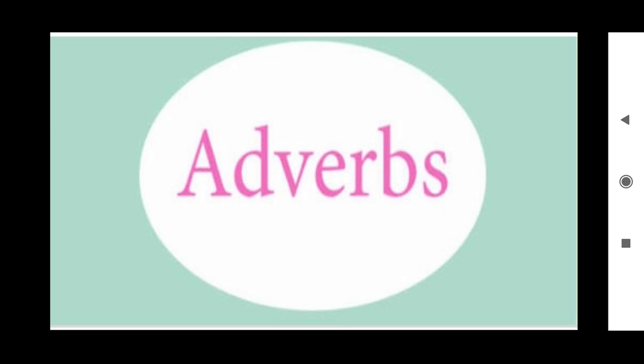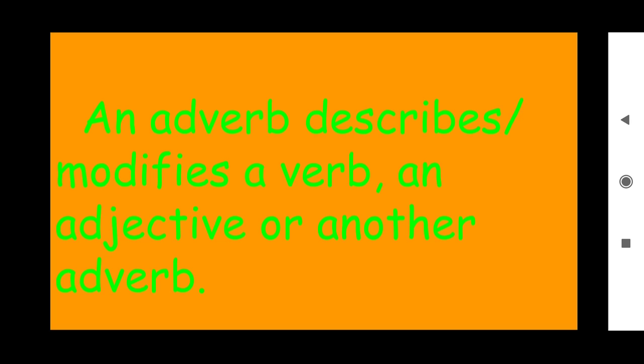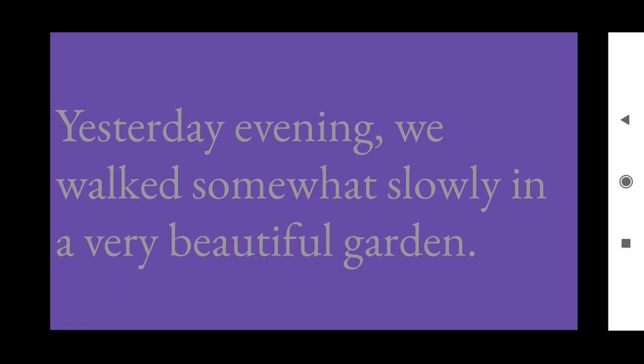Next, adverbs. Let me show you the sentence so you can see all the different things that adverbs can do. An adverb describes or modifies a verb, an adjective, or another adverb. Yesterday evening, we walked somewhat slowly in a very beautiful garden.